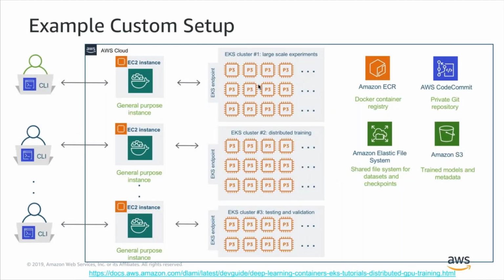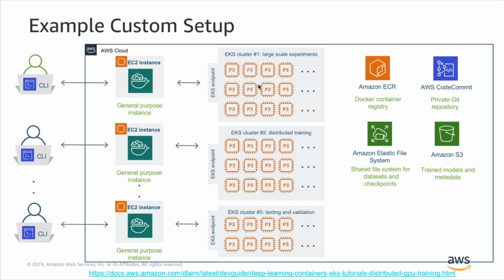The second setup, which really demonstrates the power of deep learning containers combined with AWS container services, shows how you can use deep learning container images and deploy them on a cluster of GPU instances that are managed by EKS. Again, you can use the Elastic Container Registry to pull the images.